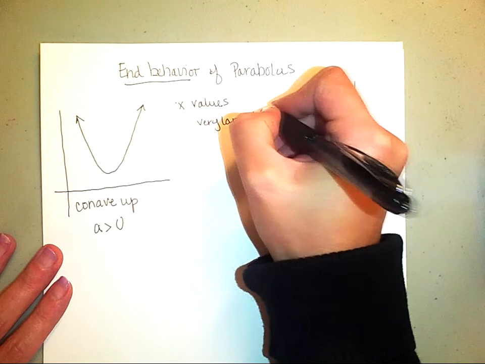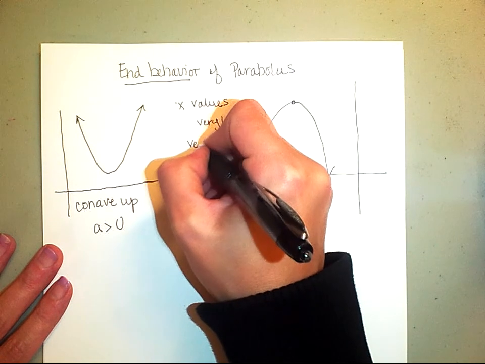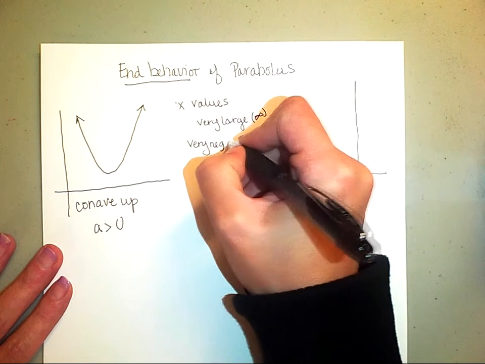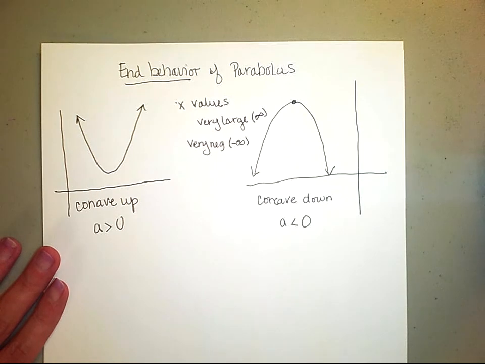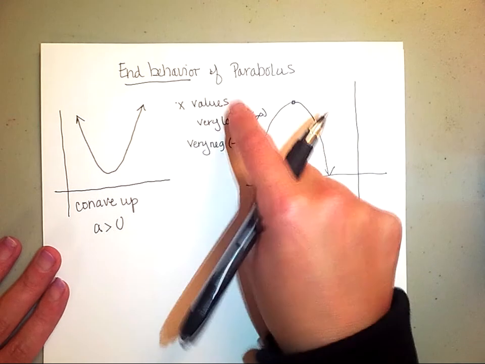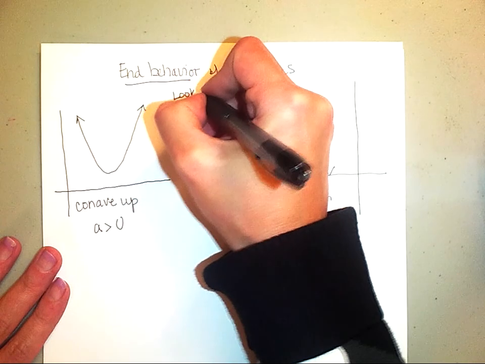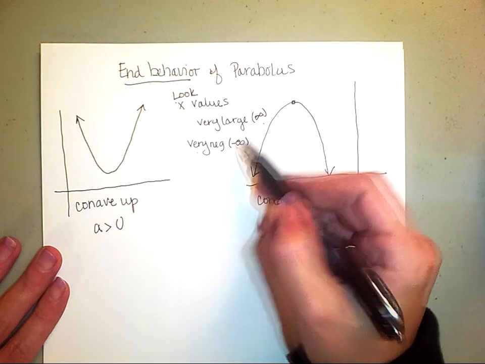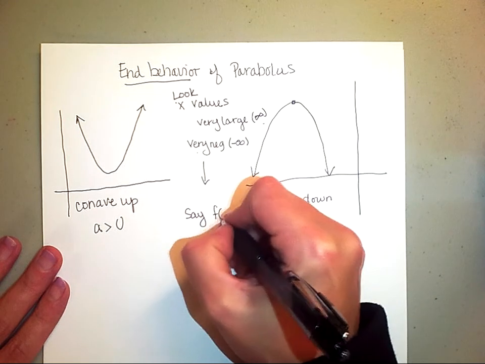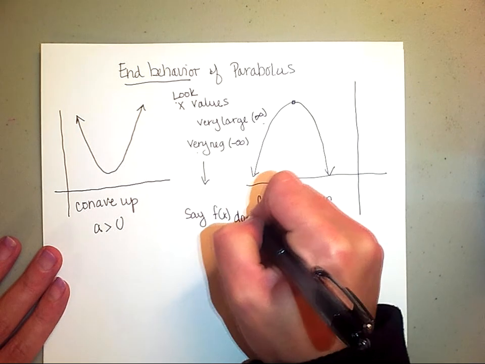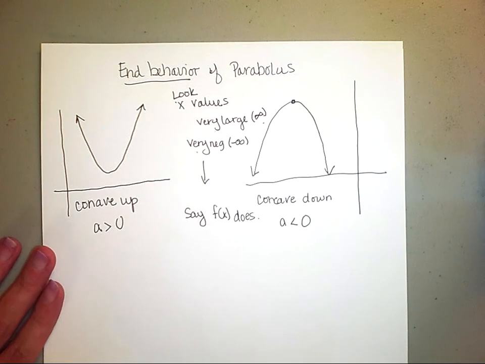That is, we're talking about positive infinity or very negative, negative infinity. So we look at x values very large and very negative, and then we say what f of x does.